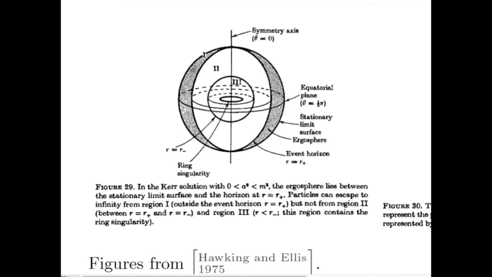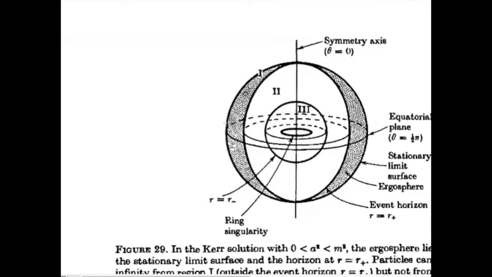So here we see this kind of diagram. This is the symmetry axis around which the black hole spins. Here you have an equatorial plane. You have this ergosphere. The ergosphere extends the most from the horizon at the equatorial plane, and at the symmetry axis, the ergosphere touches the event horizon.